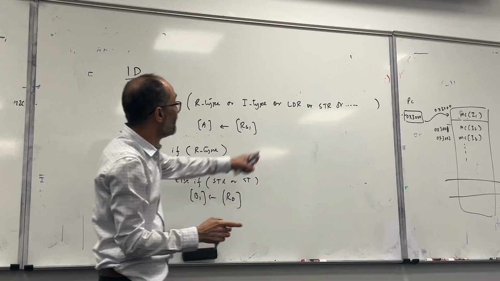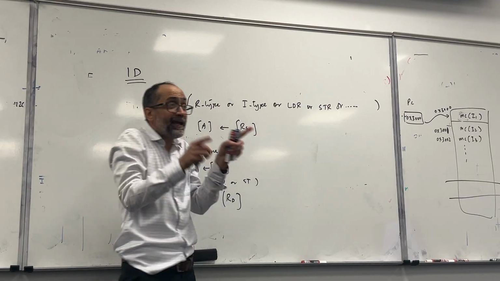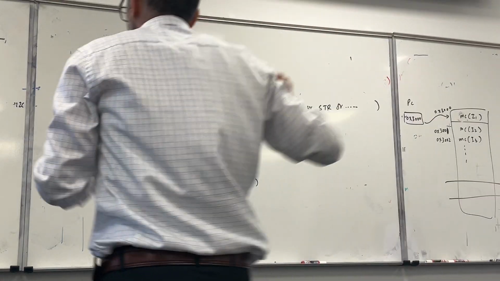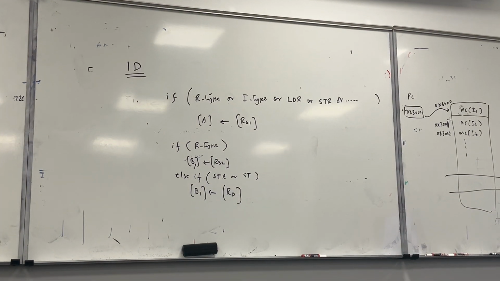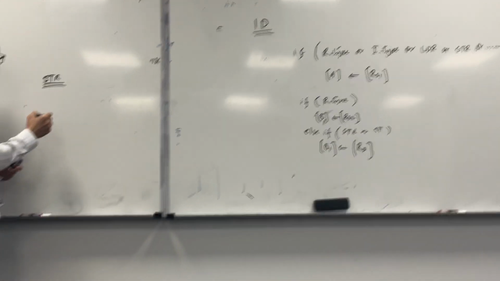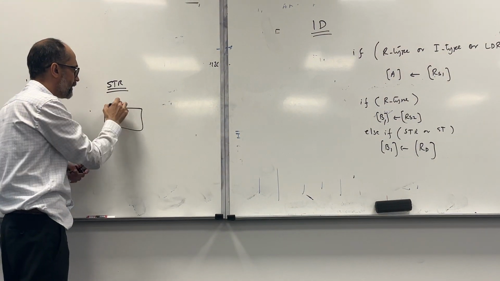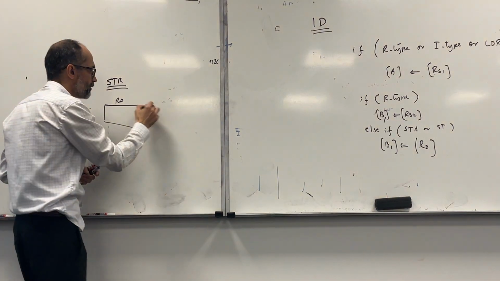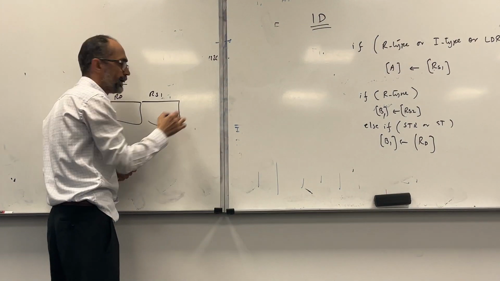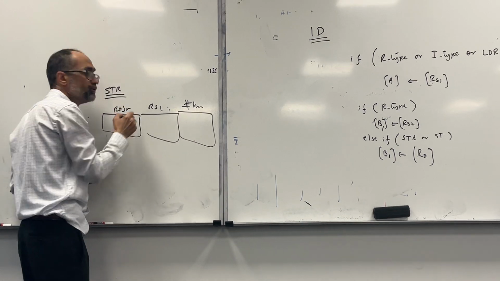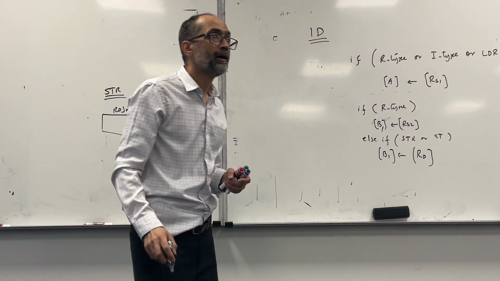The reason is that if it is STR, basically A is RS1. Please remember, for STR the format will be like this. So this was actually the RD field. Then RS1 is the base with the immediate, and this is actually your source now. Clear or not clear?